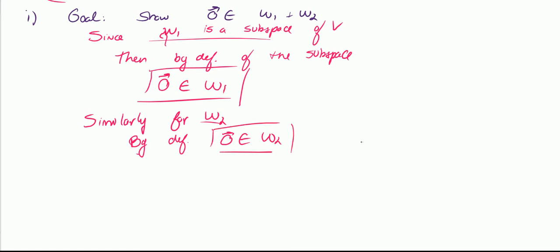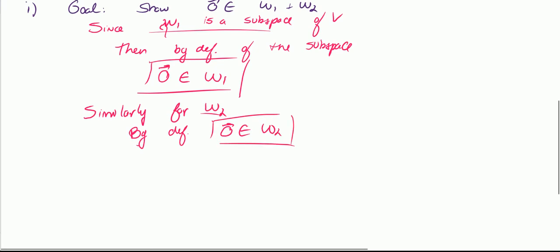Now, you're probably thinking, okay, where is he going with 0 belongs to W1, 0 belongs to W2? Well, there's nothing wrong in saying that the zero vector is equal to the zero vector plus another zero vector. There's nothing wrong with this statement, okay?